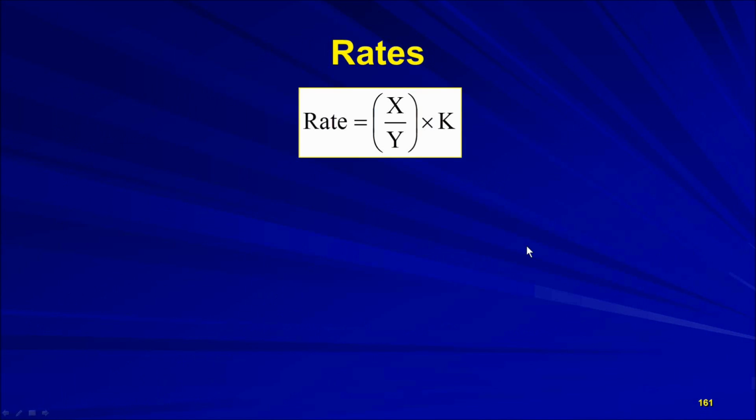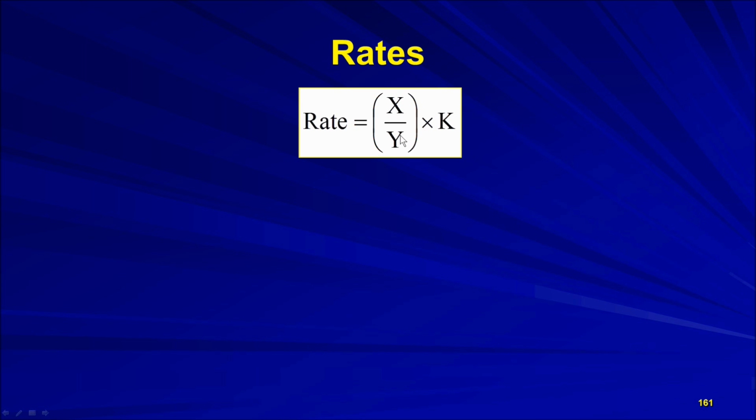Next, rates. Okay? Now the overarching term, the categorical term, is ratios, right? And this is a rate. And a rate has special nomenclature. It has an X and a Y. Okay, so you don't want to put an A and a B here. So with a rate, you have an X and you have Y and you have the constant to the nth power. Okay, that's what we mean by a rate, or rates.